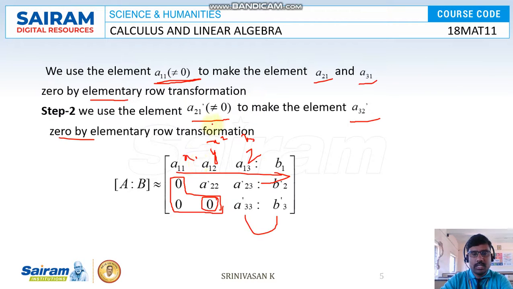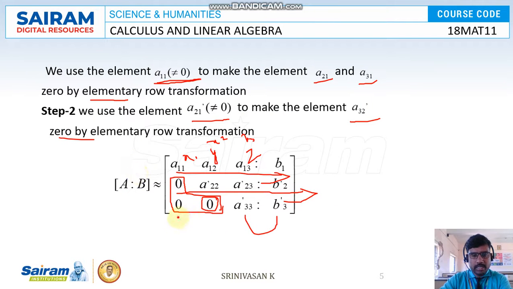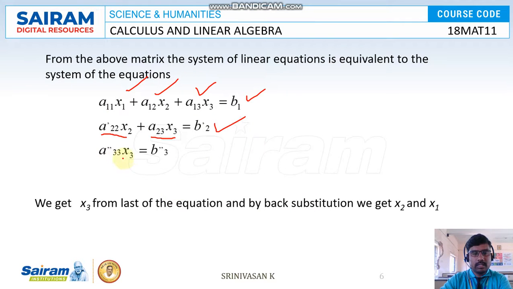Coming to the second equation, here x1 is 0, so a22 into x2 plus a23 into x3 equal to b2. The next one, here x1 is 0, x2 is 0, we get only x3, so a33 into x3 equal to b3.